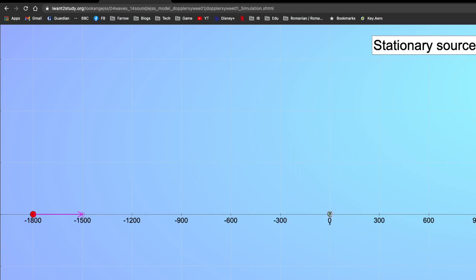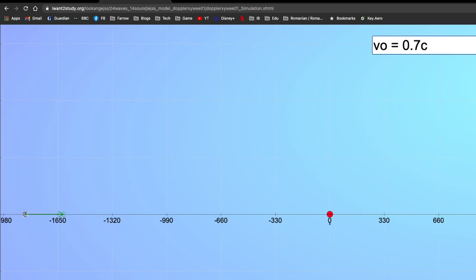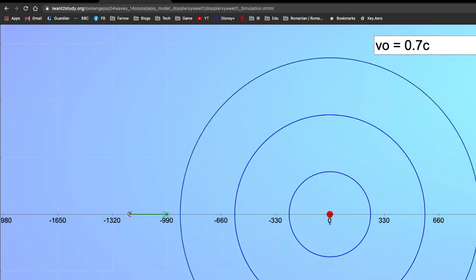If, on the other hand, we change that around, we can have a moving observer and a stationary source. So now you'll see the ear has moved over to the left hand side and our source is in the middle. Let me press play. So again, once every second, you pause it.